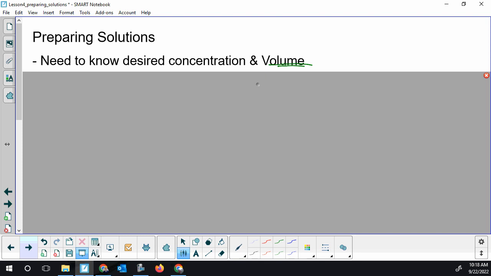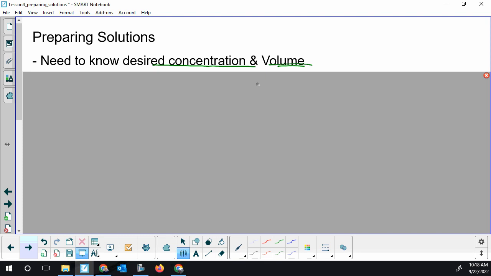Typical sizes might be 10, 25, 50, 250, 500. We have a 2-liter volumetric flask for when we need to make up a large amount of solution. So you're picking a volume that you can buy a volumetric flask for, and then you can pick pretty much any concentration you want within the realm of science.